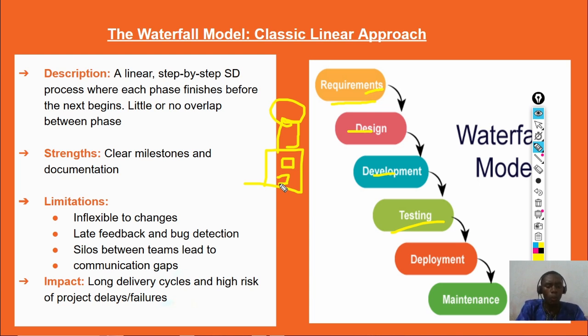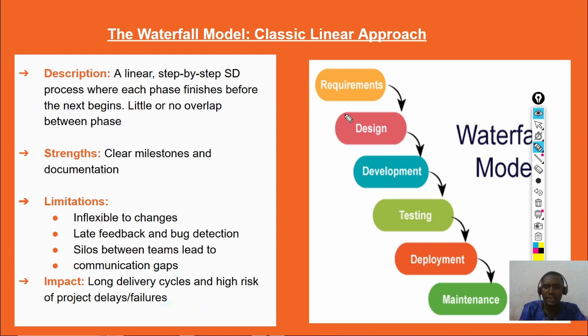This is one of the limitations. And then, one of the limitations is that because everything is being done linearly, there is usually late feedback and bug detection. Because there is little or no overlap or collaboration between the teams that are working, to detect a particular problem at the testing phase, you need to first develop the application.